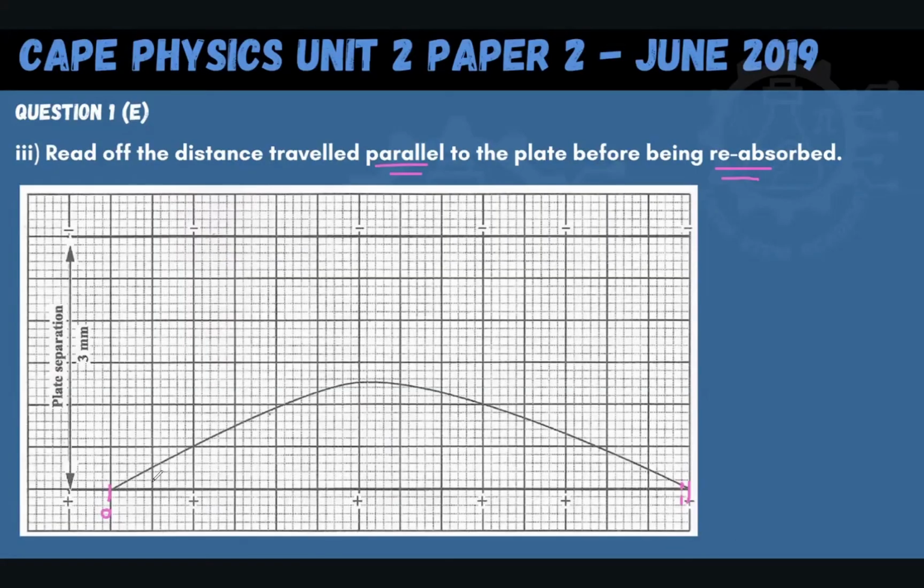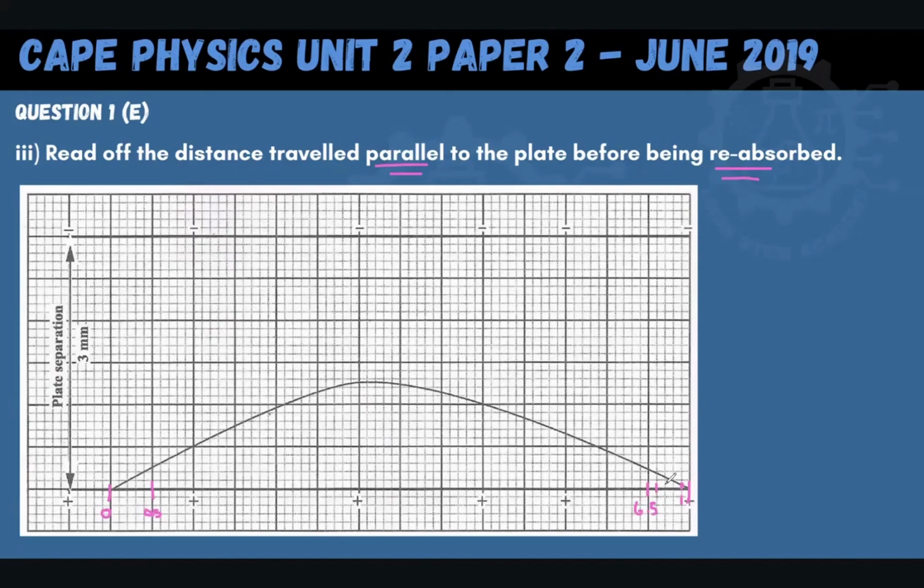Every one of these squares is 0.5 millimeters, they told us. So how many squares do we travel through? 1, 2, 3, 4, 5, 6, 7, 8, 9, 10, 11, 12, 13. So we travel through 13 of those squares. So that would be 13 times 0.5. So this would be 6.5 up to this point. And then all of these little lines are 0.1.